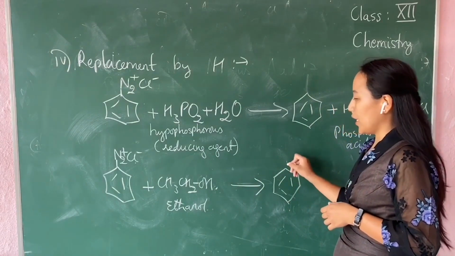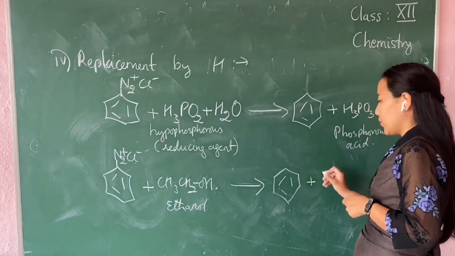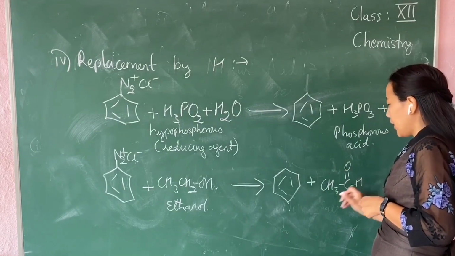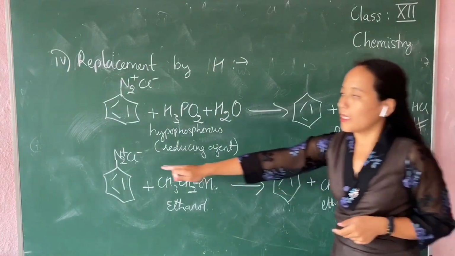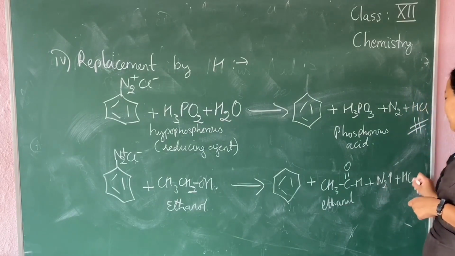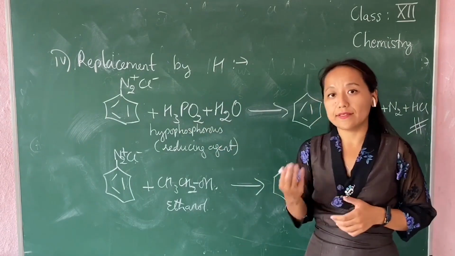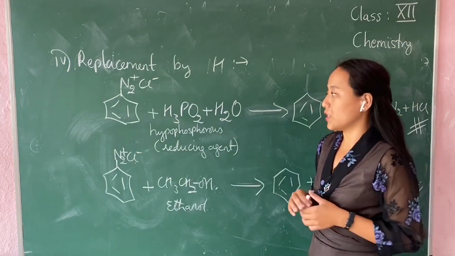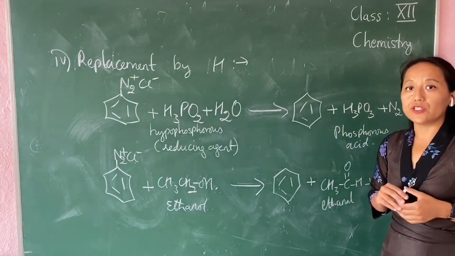So you don't have to show the hydrogen again. Plus, this gets oxidized to aldehyde. So this will form CH3CHO, acetaldehyde. Plus, again, nitrogen gas is evolved plus HCl. In the first case, I have used hypophosphorus acid as the reducing agent, and in the second case I have used ethanol as the reducing agent. The reducing agent gets oxidized. So this is about replacement by hydrogen atom.